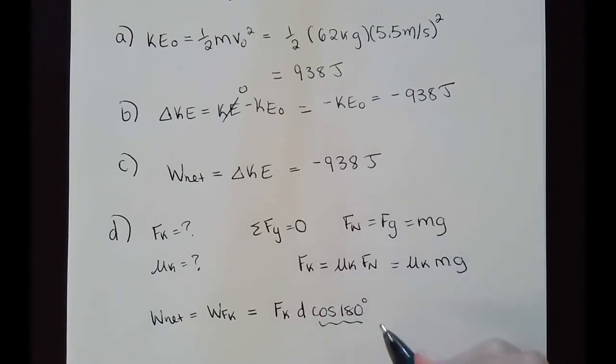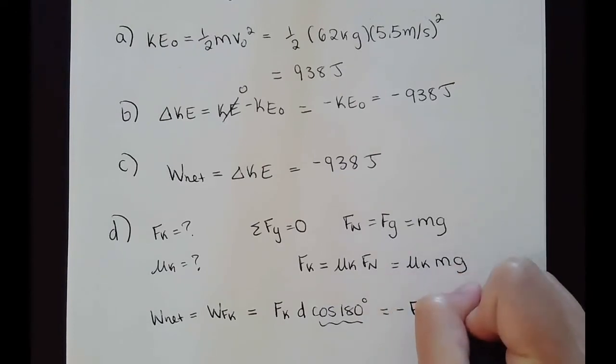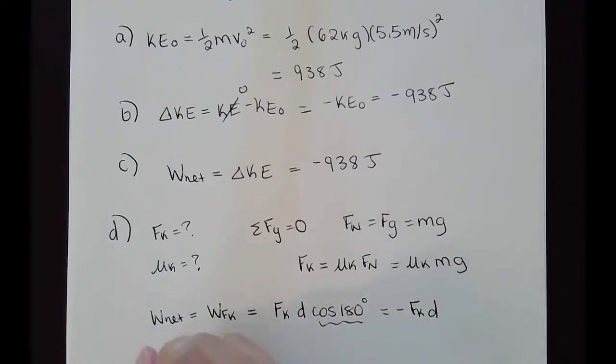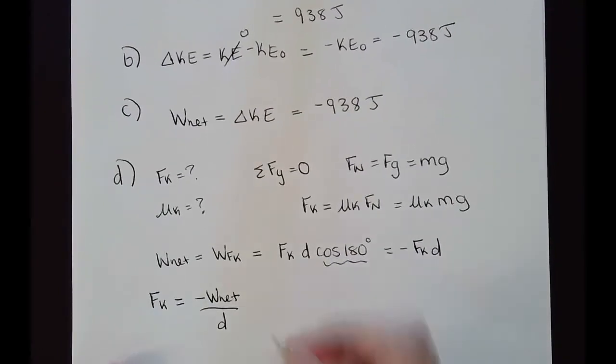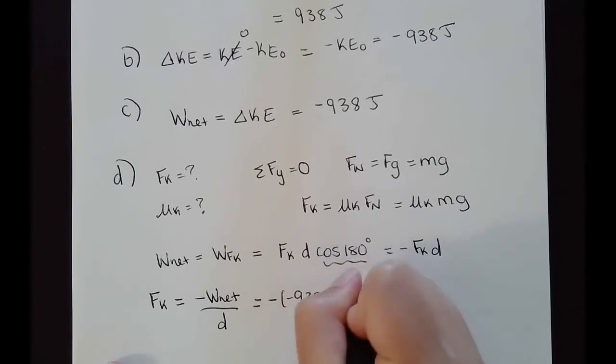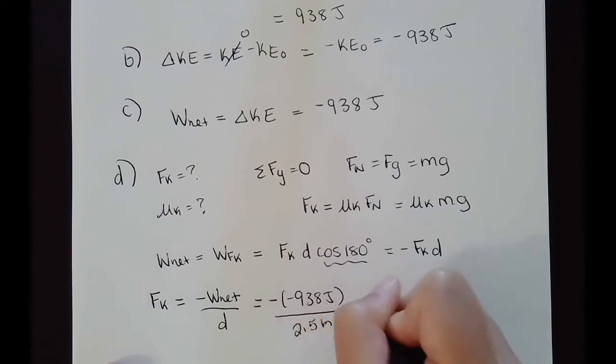And we'll always find this for friction since friction acts anti-parallel to the displacement. So negative Fk d. So we can find this force of friction. It's going to be negative of the net work done divided by the displacement. So that's negative of negative 938 joules divided by 2.5 meters.